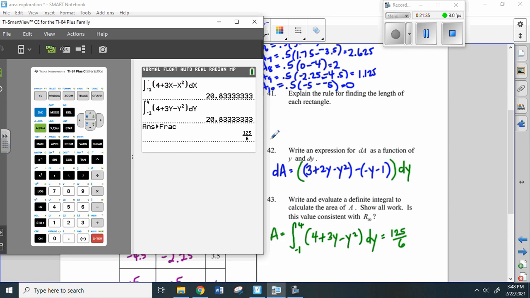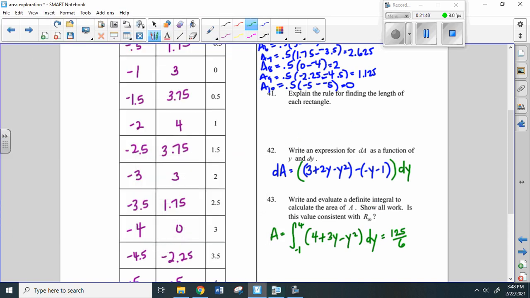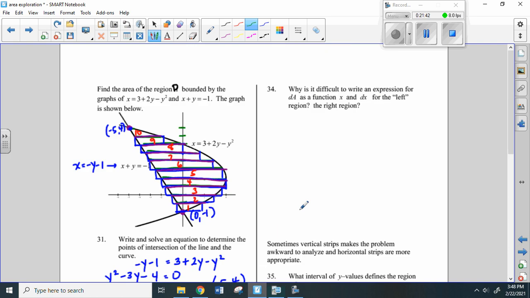So the point of that particular example was that you can't always draw your rectangles vertically. The key to remember with that is if you have an equation that you cannot get y by itself easily, then you don't want to use vertical strips.